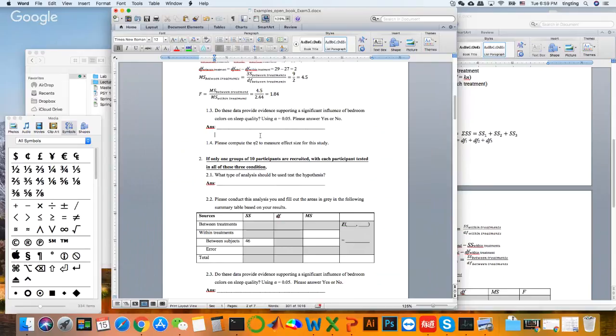So here we know its F value, and to make the decision, we have to know the critical region. So the critical region here is an F distribution.